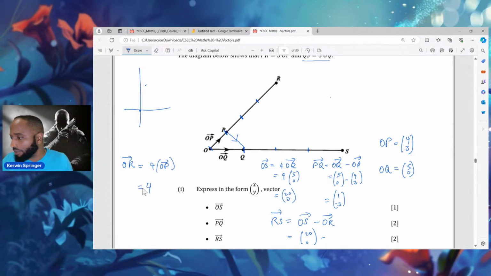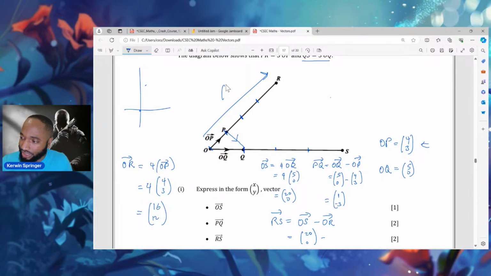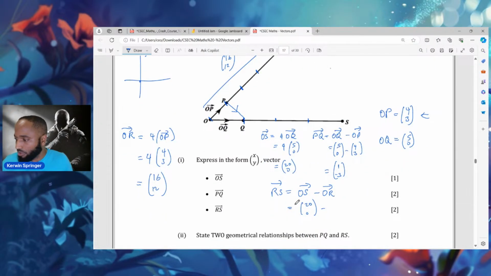So it's 4 times 4, 3. So 16.12. That's what O to R is, 16.12. So it's really 20.0 minus 16.12. Another way we could do this is just multiply PQ by 4, since it's 4 parts, but fine. So you end up with 20 minus 16 is 4, and 0 minus 12 is negative 12.